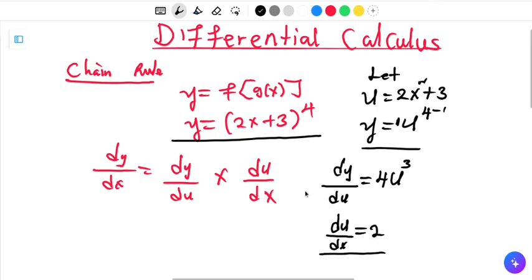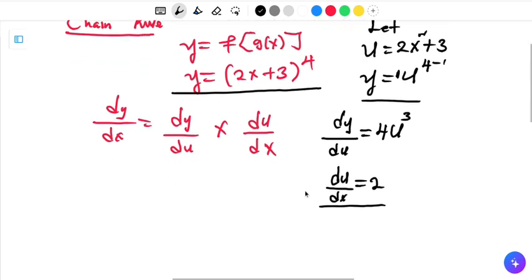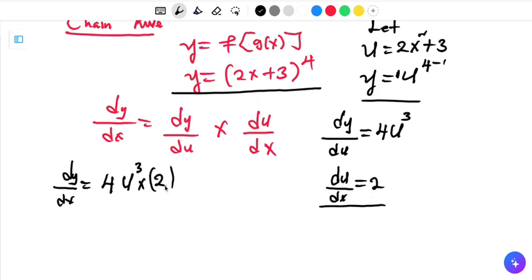So let's replace. We are finding dy/dx, and this is equal to dy/du. What is our dy/du? dy/du is 4u to the power 3, then multiplied by du/dx, which is 2. So when I multiply 2 by 4, that is 8.